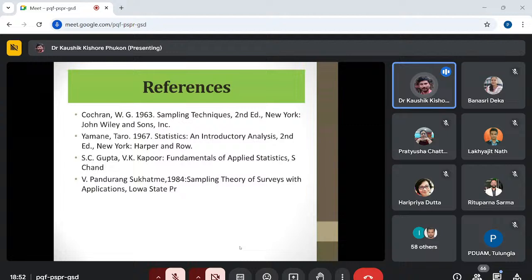We have studied statistics a bit. Everyone knows this book. Then Sampling Theory and Surveys with Applications. The last one is also a good book. These are the four books I have stated as references.